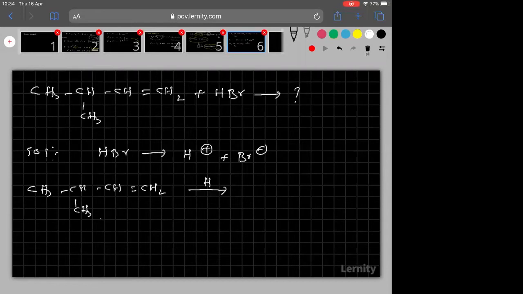First of all, the electrophile H plus will initiate the reaction. Then the pi bond polarizes towards H plus. Then this carbon gets the positive charge and the last carbon will be bonded to hydrogen.